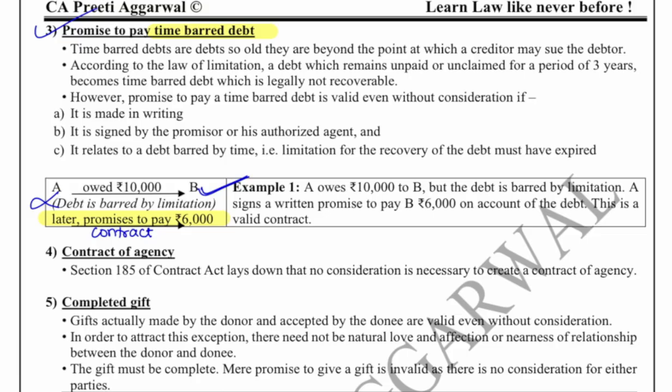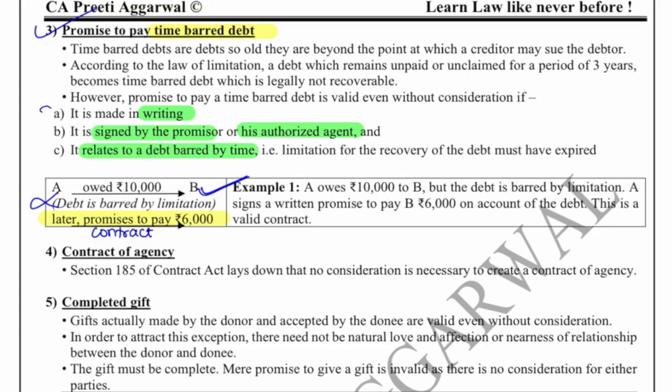You cannot say that, ma'am, he received something in the past. That was a separate contract. In this contract, he's promising to pay 6,000 rupees. So here, he's not getting anything in return. Law says that even though you are not getting anything in return, this will still be a valid contract if it is made in writing, it is signed by the promisor or his authorized agent, and it relates to a time-barred debt.